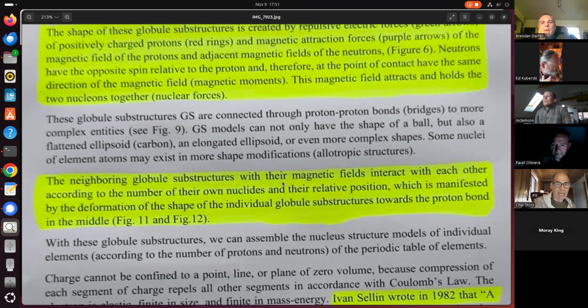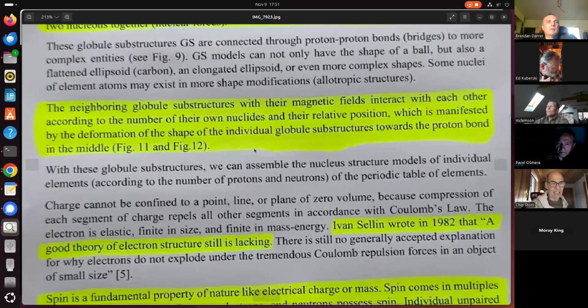GS models can not only have the shape of a ball, but also a flattened ellipsoid, as in graphene, I'm assuming, carbon, and an elongated ellipsoid, or even more complex shapes. Some nuclei of elemental atoms may exist in more shape modifications. Allotropic structures. God almighty, the geometry is creating the final result, the resonant geometry.